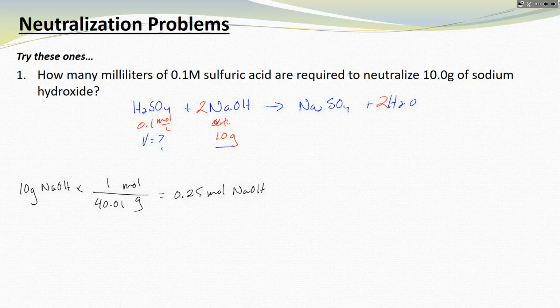Now that we have the moles of NaOH, we're going to find the moles of H2SO4, and it's a 1:2 ratio. Moles of NaOH, so 0.25 divided by 2 is 0.125.